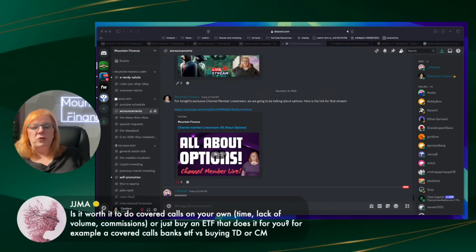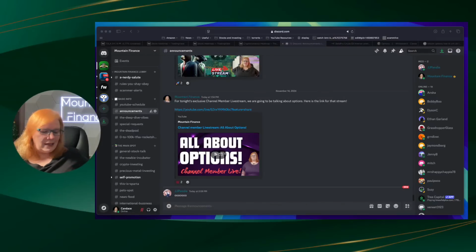They've got a team that's doing it, and they have contingencies in place for when things go wrong. So they hedge their own bets. That tends to be a good thing with a lot of the ETFs. So covered calls yourself versus a covered call ETF, I think the covered call ETF for most people probably makes better sense.